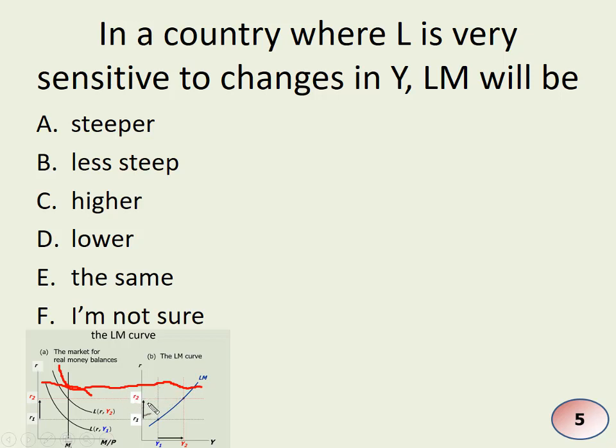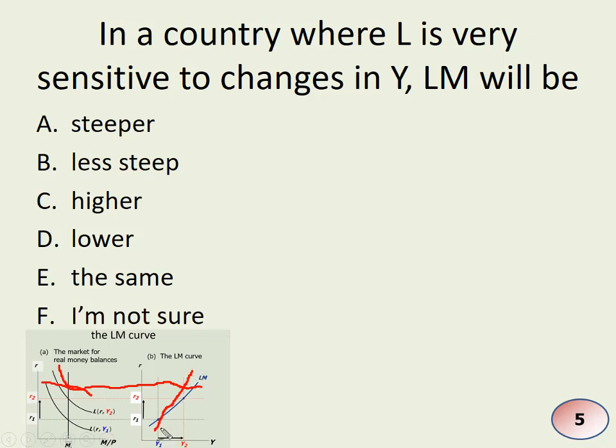So instead of going to here, the new interest rate would have gone up to here. So the LM curve would be going through like that. Yeah. So the LM curve would be steeper.